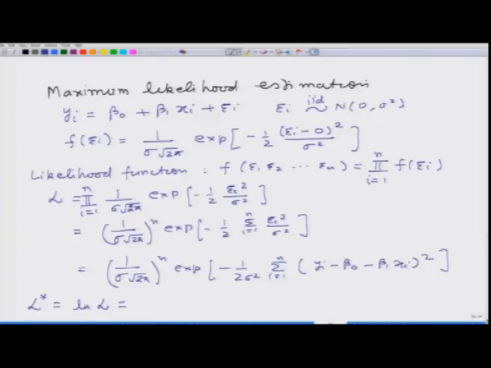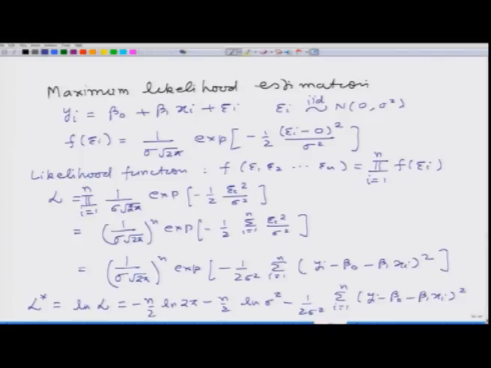So this is going to be minus n by 2 natural log of 2 pi, minus n by 2 log of sigma square, minus 1 over 2 sigma square summation i goes from 1 to n, y i minus beta 0 minus beta 1 x i, whole square.